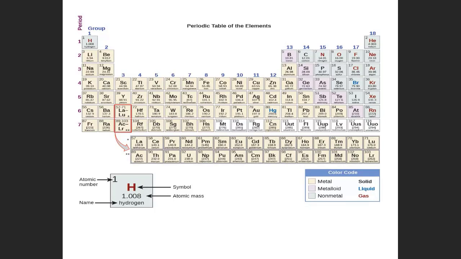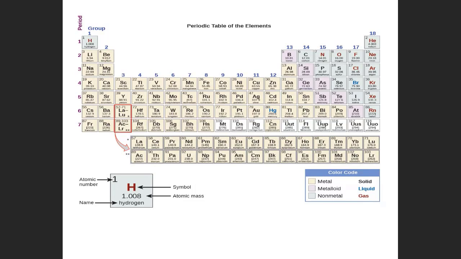Can you see the periodic table? The whole periodic table or just part? When you see the periodic table, oh, great, awesome. Okay, thank you.